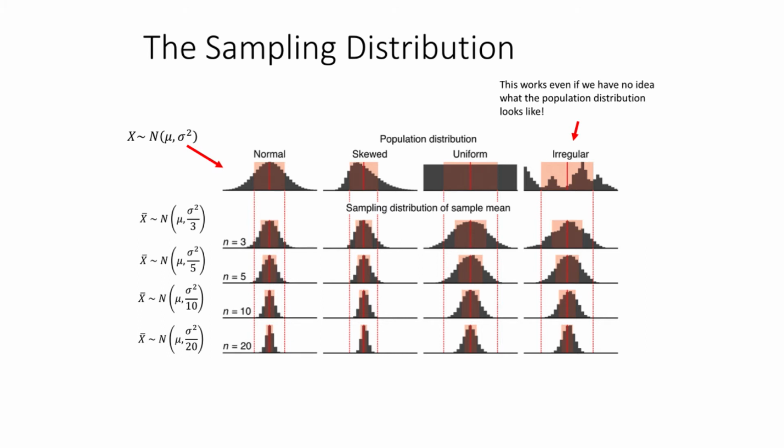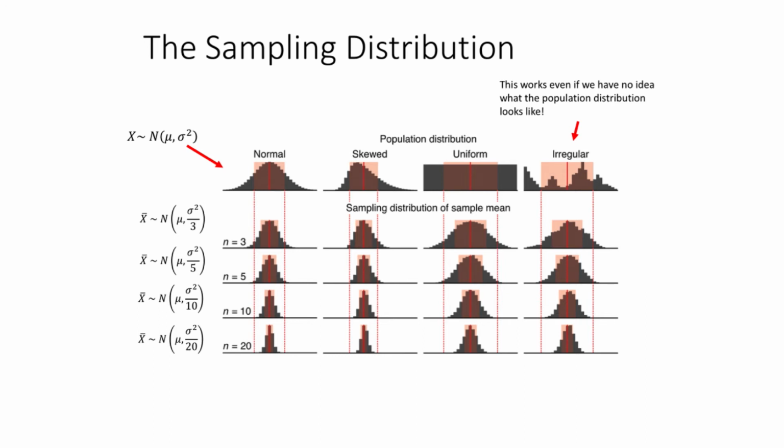At the top here, we have 4 different distributions in the population. And then what you can see is that the distributions below show various sampling distributions. For each of these sampling distributions, they're roughly symmetric and mound-shaped. When the sample size is pretty small, there's greater spread, there's some skewness.